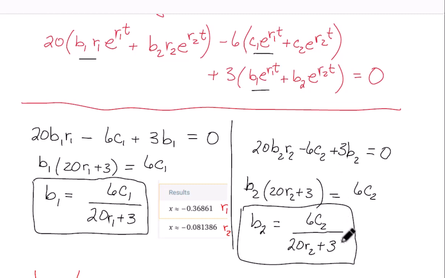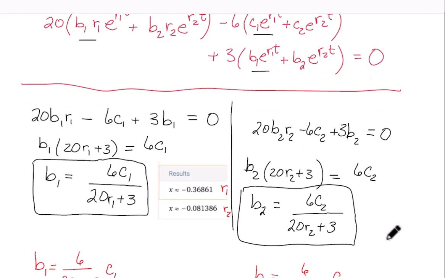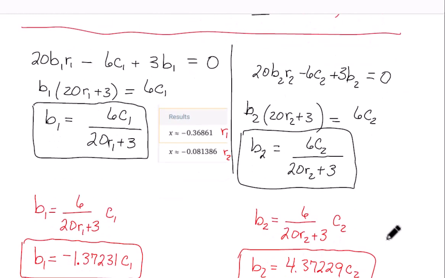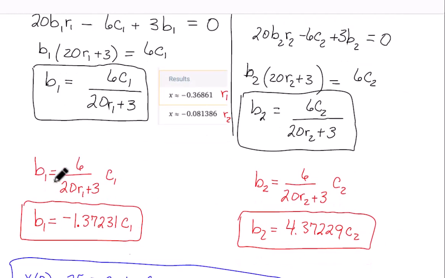B2, I've got a relationship for it, but it depends upon R2. So here was my R1 and R2. So I do know how B1 depends upon C1, and I know how B2 depends upon C2.